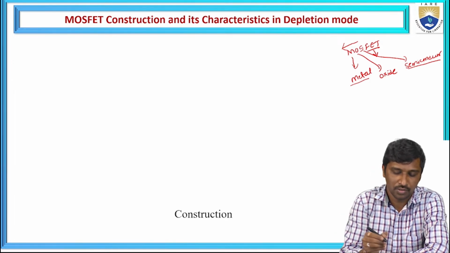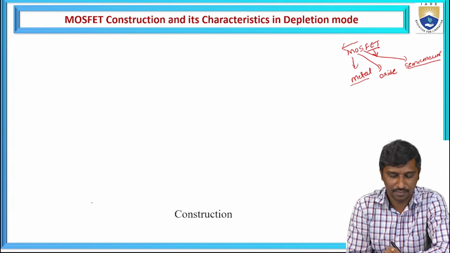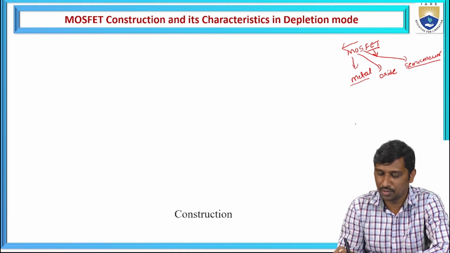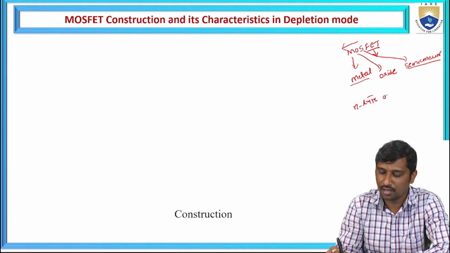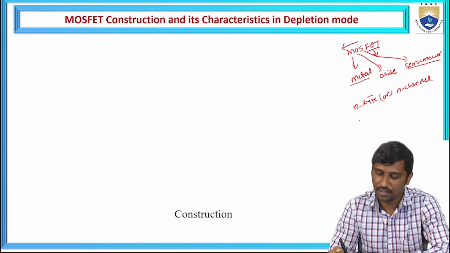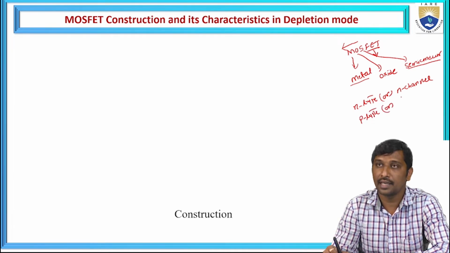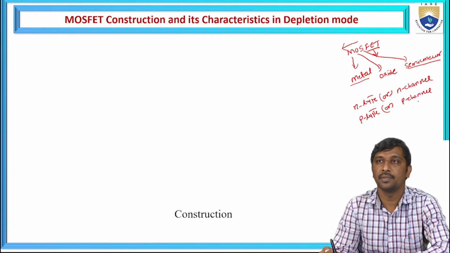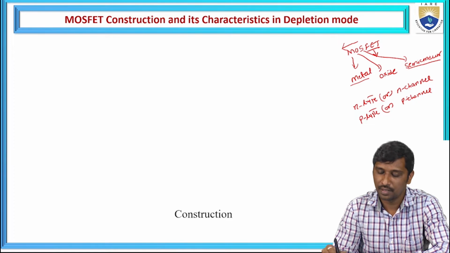So in this construction, we have two types of MOSFETs under this depletion mode. One is the N type, also called the N channel depletion type MOSFET, and another is the P type, or P channel depletion mode of the MOSFET.